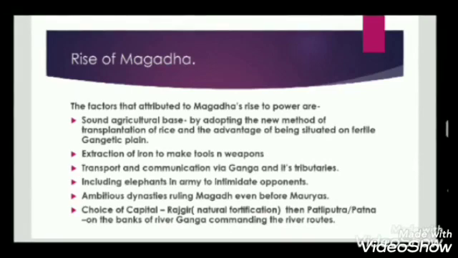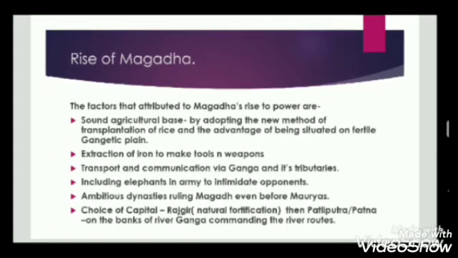So it became easier to command routes of transport and communication from this place. So therefore, choice of capital also plays an important role in strengthening Magad as an important Mahajanpad.